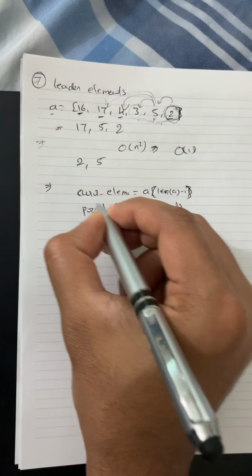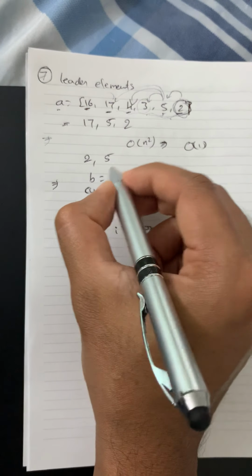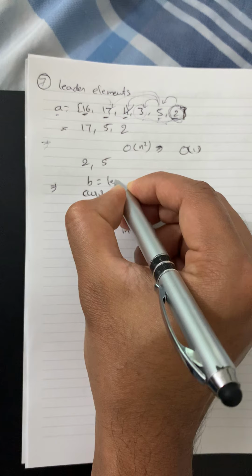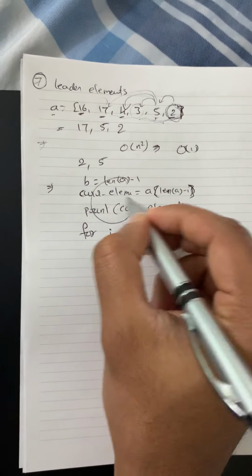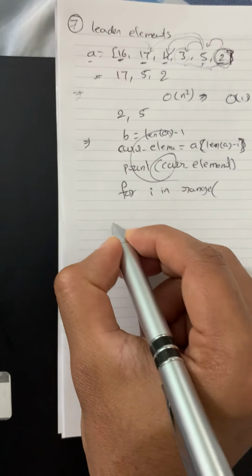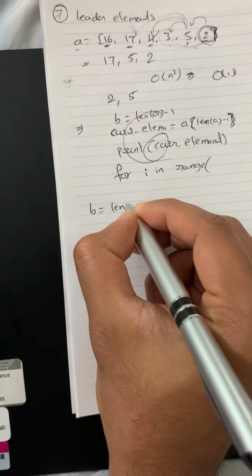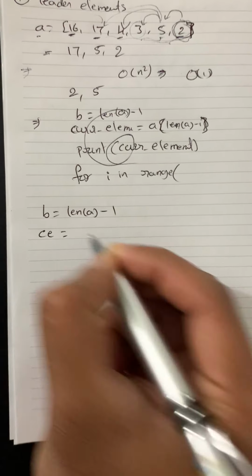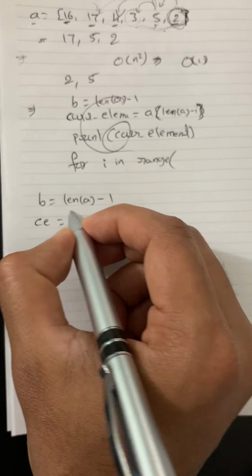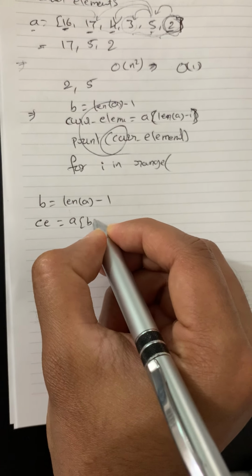So what I'm going to do is take another variable, b, equal to length of a minus 1, and then we take current element ce equal to a of b.